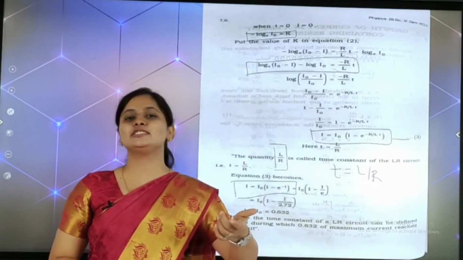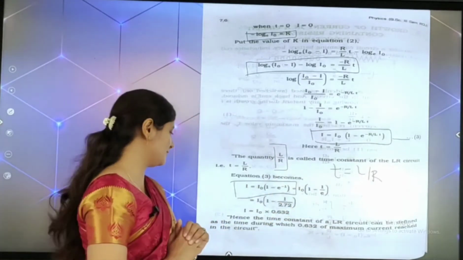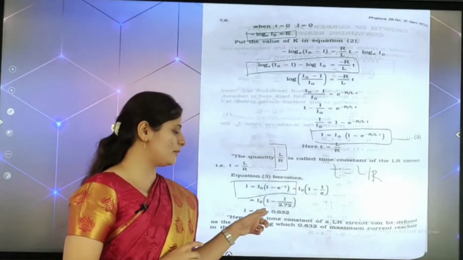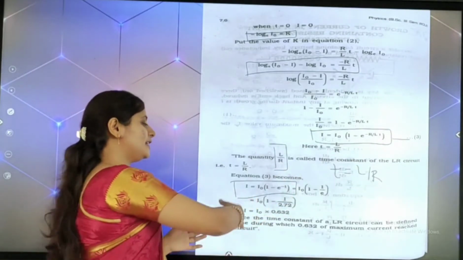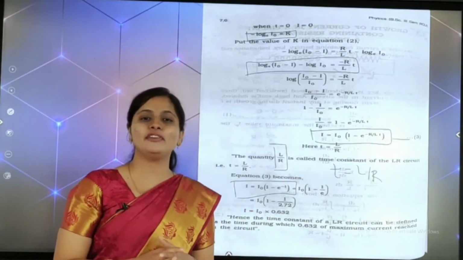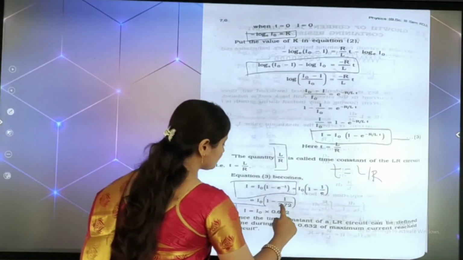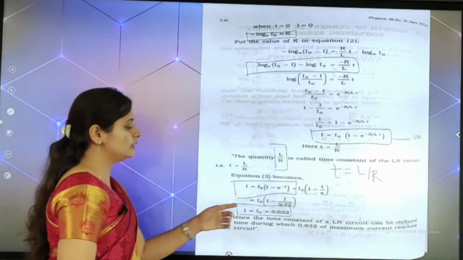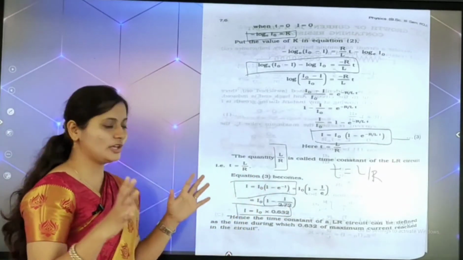The e value is 2.72, which we substitute here. So I naught into 1 minus 1 divided by 2.72, making the LCM and simplifying, we will get I equal to I naught into 0.632.